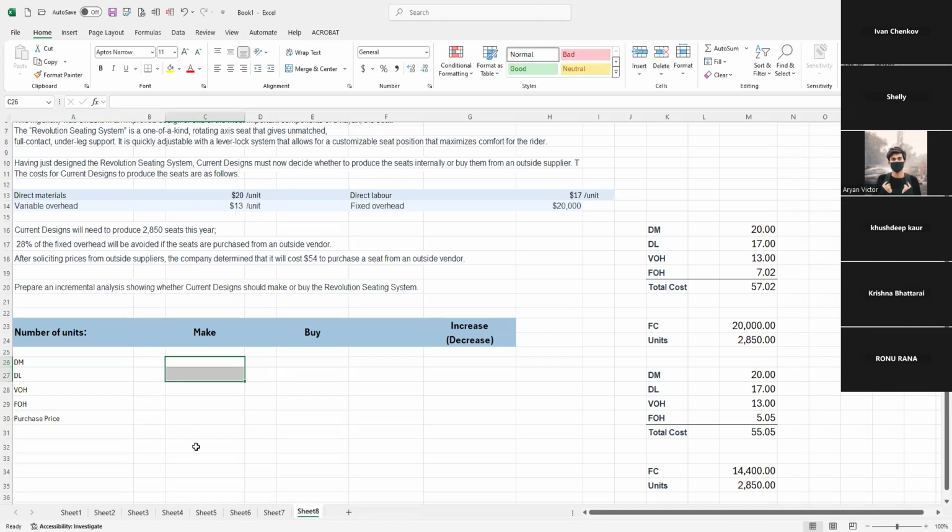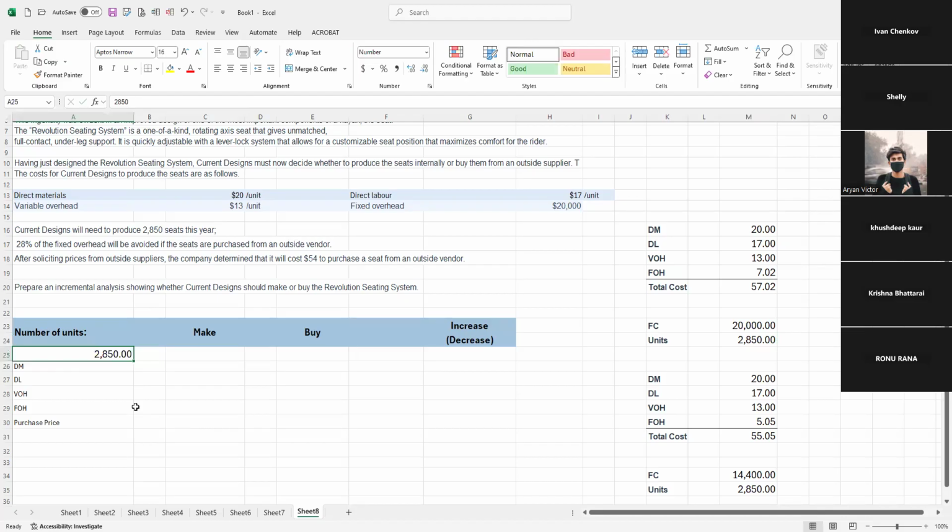If we make it, how much do we have to pay? How many units are we making? 2,850 units. Let me increase those numbers because I cannot even see them now.